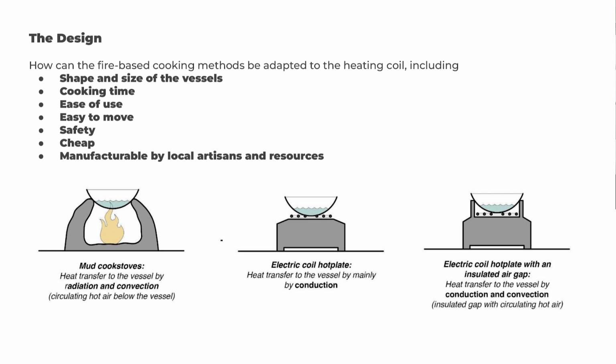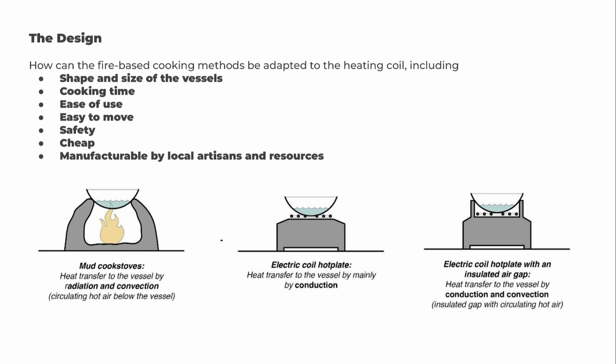So it's heat transfer by conduction, and also through radiation, because the fire is directly touching the vessel. But when we use an electric hot plate, the flat plate which I showed you, it is not very suitable for our Indian vessels, because we have rounded vessels, and the contact area will be very small for efficient heat transfer by conduction.